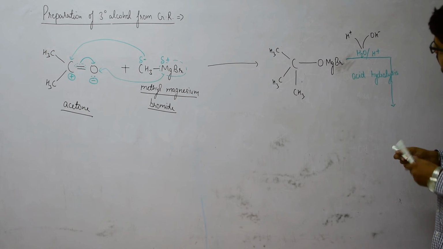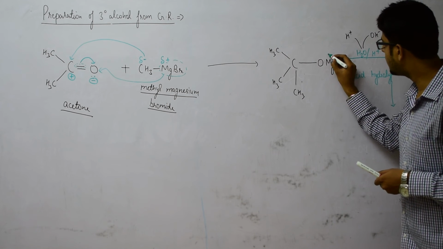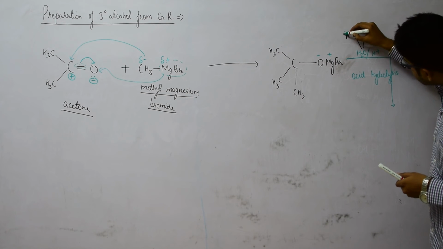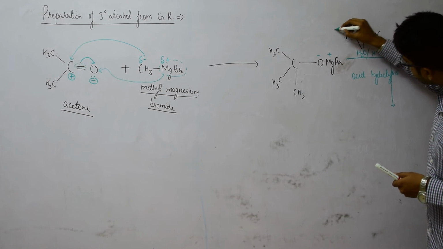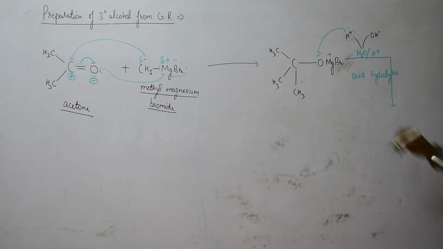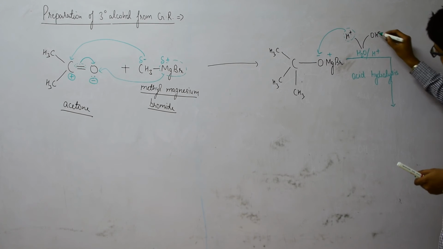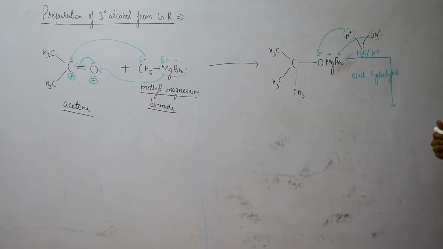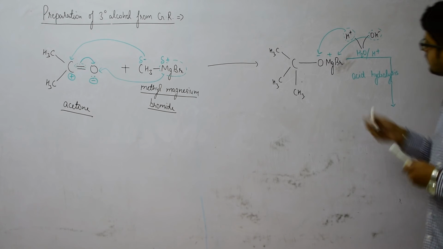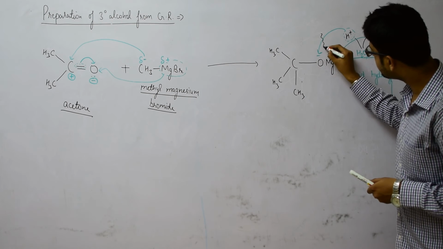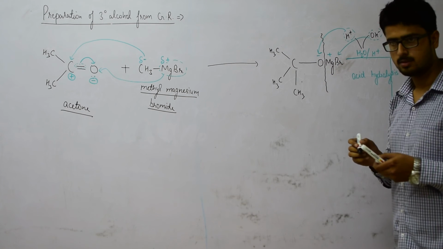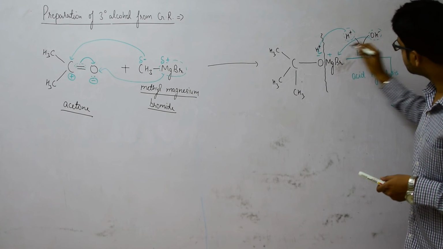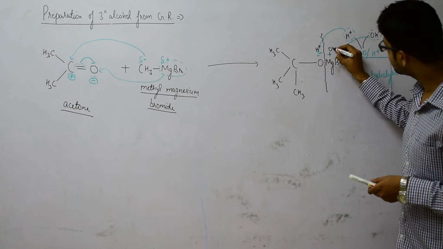Since this has a partial positive charge and this has negative charge, this positively charged H plus ion would attack this negatively charged oxygen atom, and this OH minus ion would attack the positively charged MgBr atom, and the cleavage of bond will take place from here. So this H plus ion would be arranged here and this OH would be arranged here.